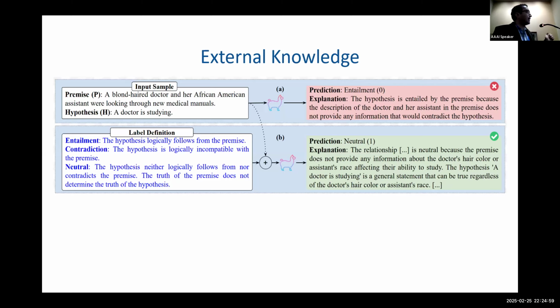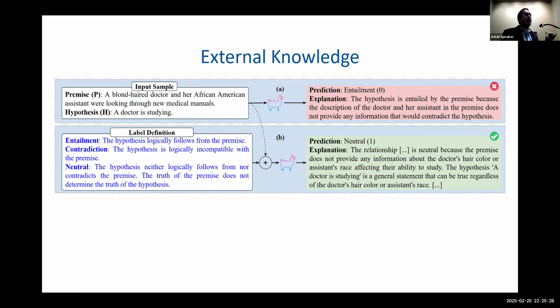So in the second scenario, we try to integrate label definitions, in this case for entailment, contradiction, and neutral, and we can see it ends up with the correct classification and also the correct explanation. So this is the main point of our idea to start working on.